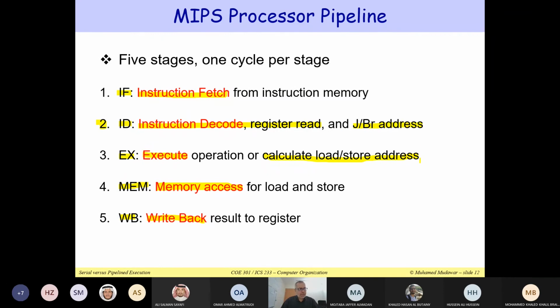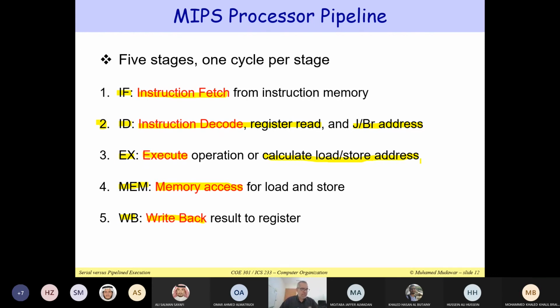Now, if you cannot do all of these things during the same stage, then you can split them into 2 stages. But in the case of our simple MIPS processor, I can do these 3 things in parallel during the same stage. So I can do more than one thing during the same stage. Otherwise, if it cannot be done, then I have to split the stage into multiple stages.